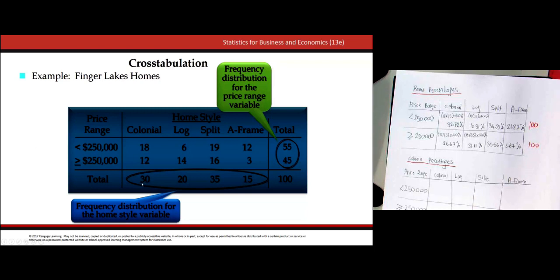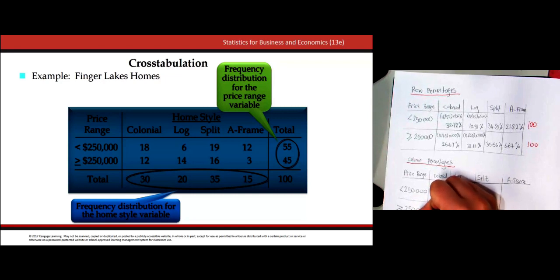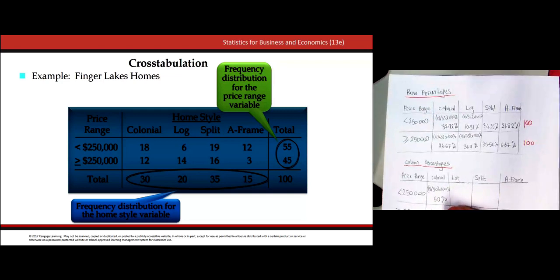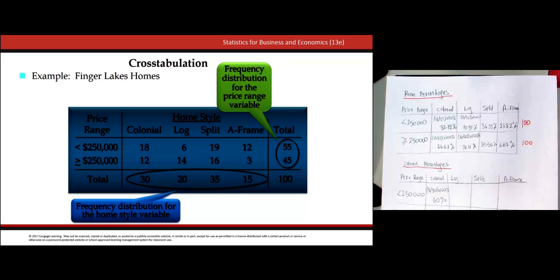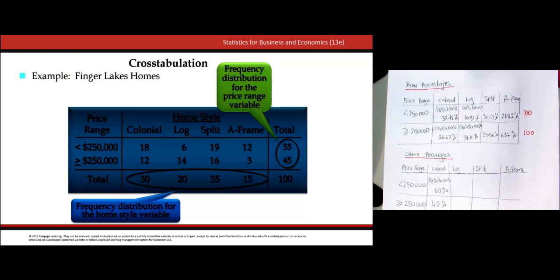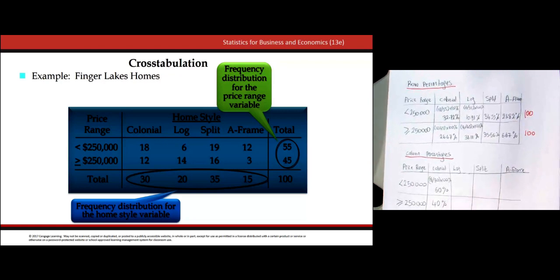So what percentage of colonial homes are priced less than $250,000? Which is 18 over 30 times 100%, which is 60%. So if this is 60, then this will be 40%, which is 12 divided by 30 times 100. So the total must be 100.